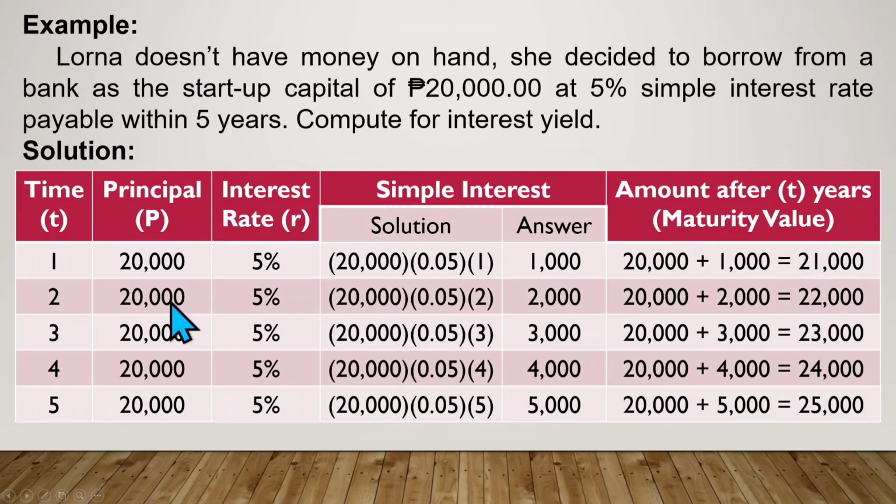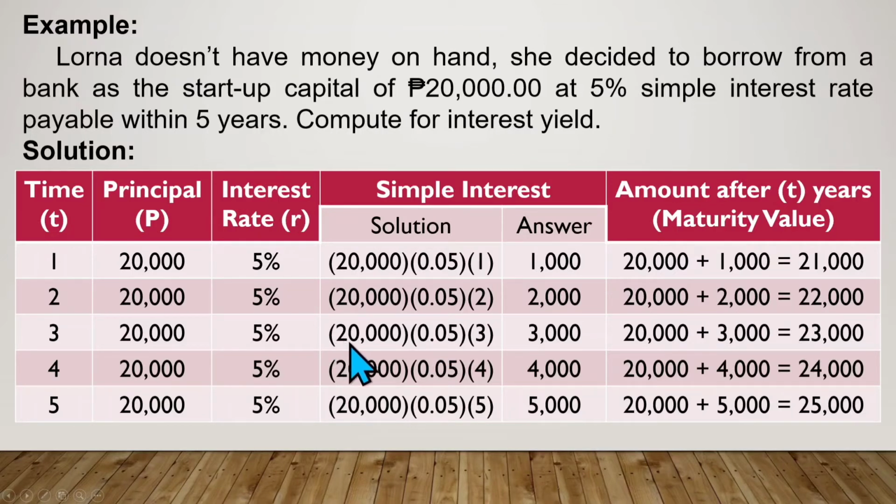On the next year, or second year, same solution, we have 20,000 times 0.05 times 2 because of 2 years. So we have 2,000. So within 2 years, the 20,000 earned an interest of 2,000. And then to get the maturity value, principal plus the interest, 20,000 plus 2,000, we have 22,000.